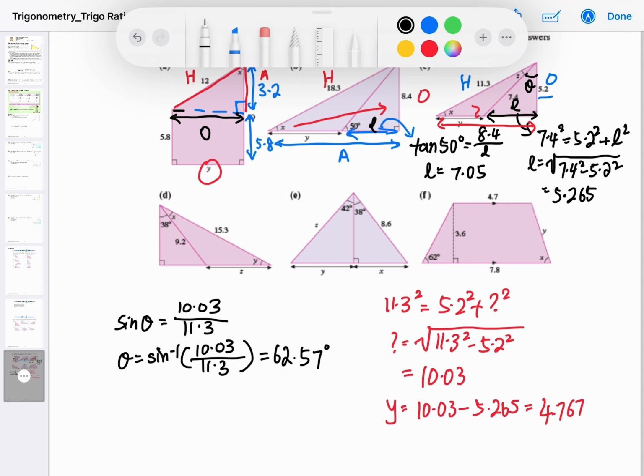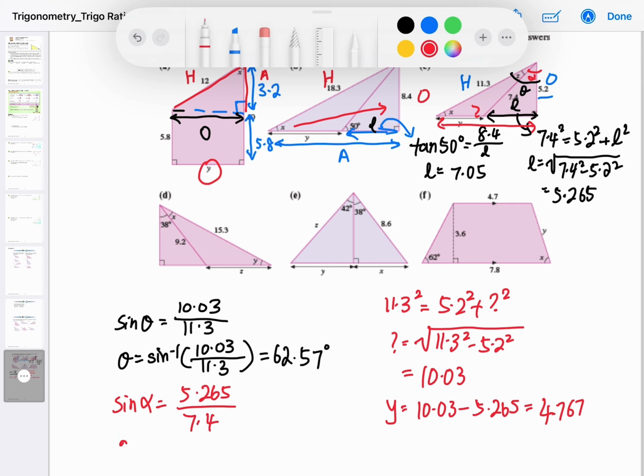If I were to find z, I would need to, no, this is not theta. Theta is the bigger one. Theta is this big one. Now I need to find the smaller one, which I will call alpha. We can use the same method. Sine alpha equals length ratio of 5.265 over 7.4.